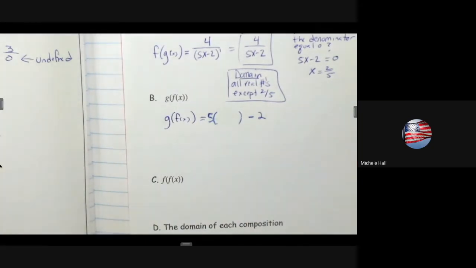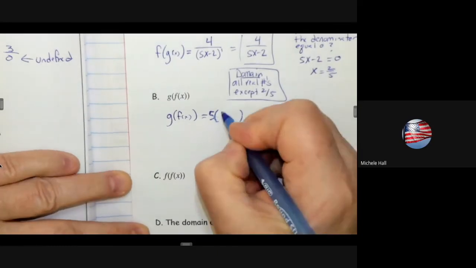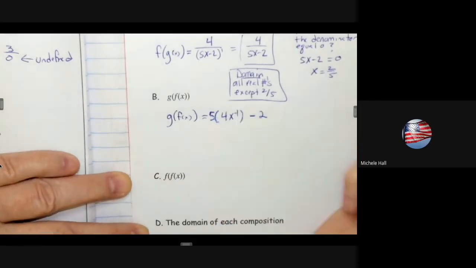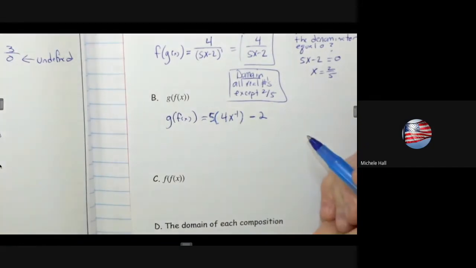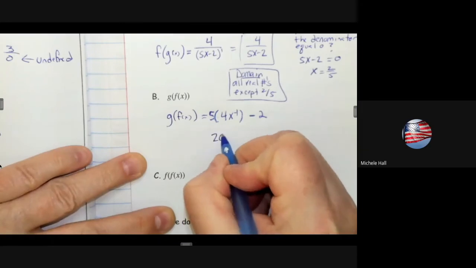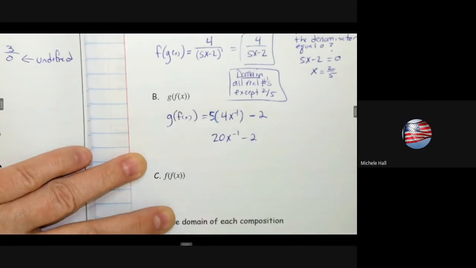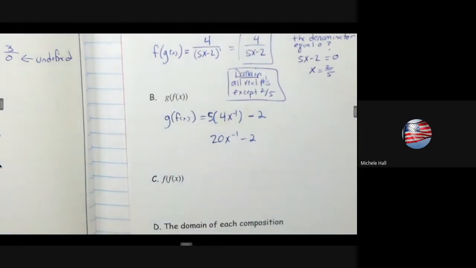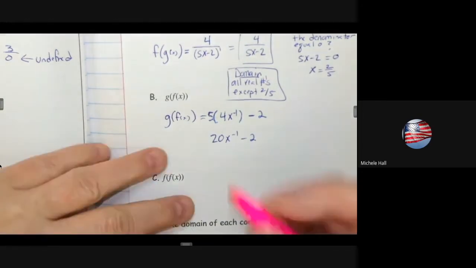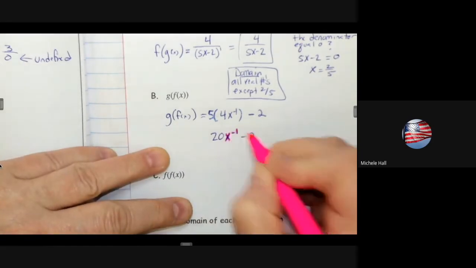And f of x is what I'm putting into the g of x. f of x is 4x to the negative 1. I need to simplify, and I get 20x to the negative 1 minus 2. Do I have a negative exponent? The only thing that has a negative exponent is the x.